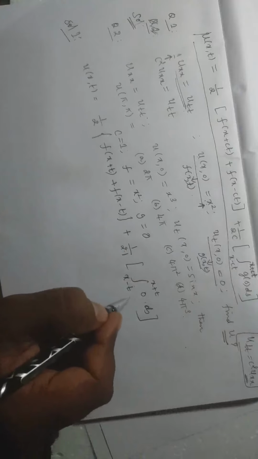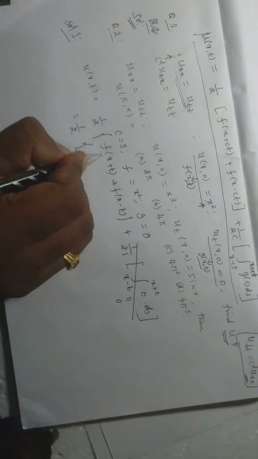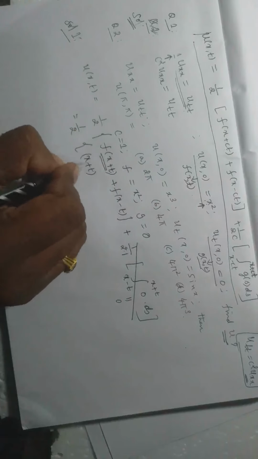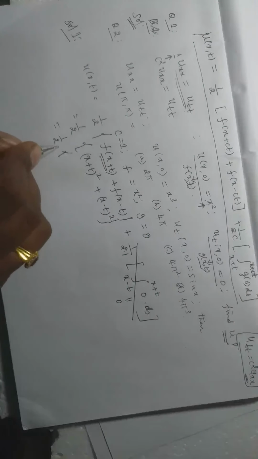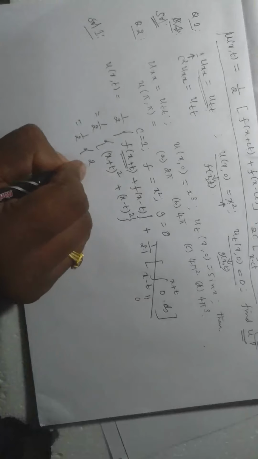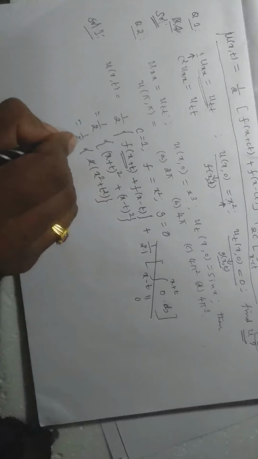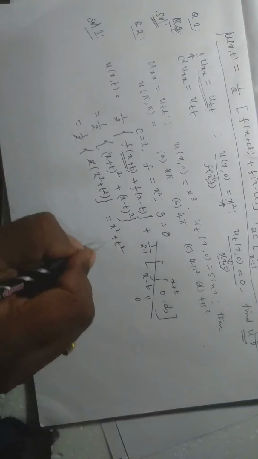If I integrate this, the second term will be 0, so I am not bothered about this. What is f of x plus t? See, f of x is x squared, so f of x plus t is x plus t whole squared plus x minus t whole squared. And this is nothing but 2 times x squared plus t squared. So it is x squared plus t squared. So this is the answer.